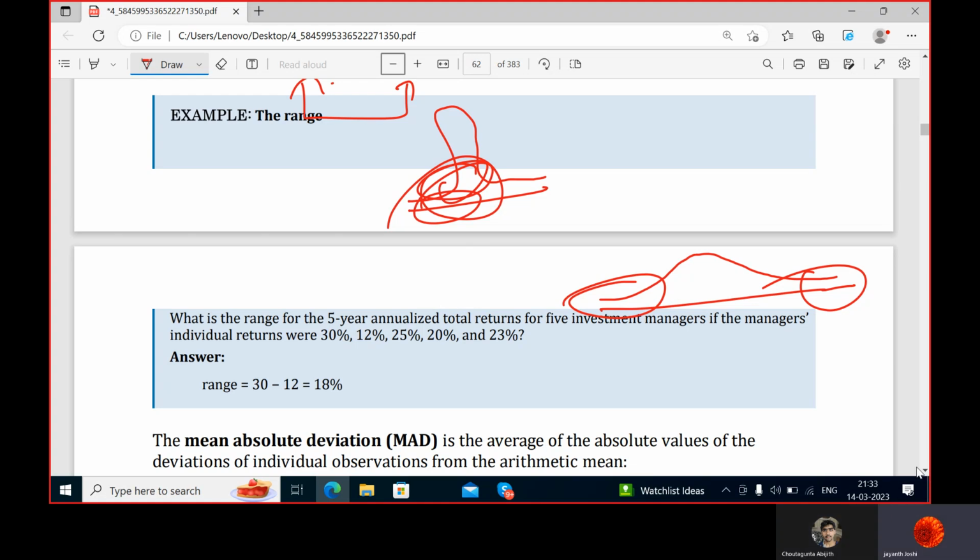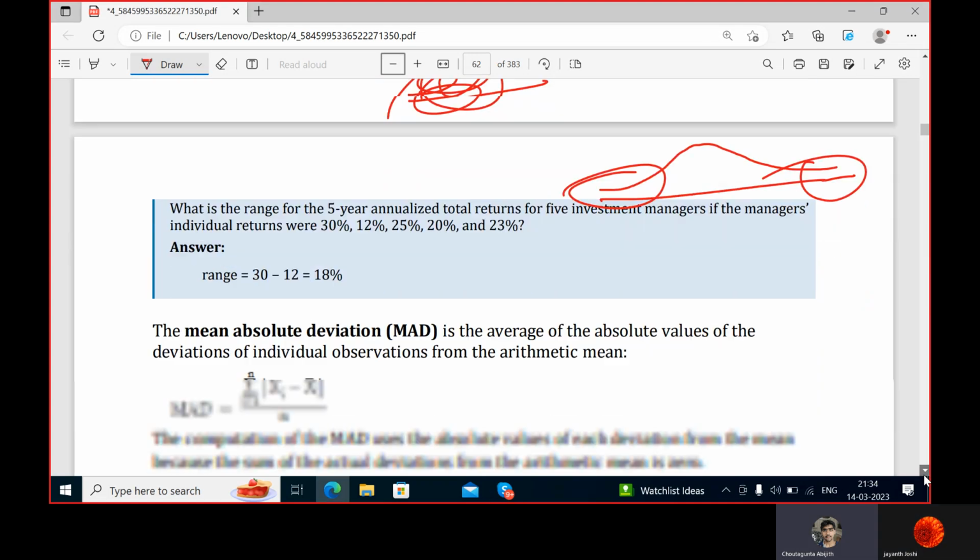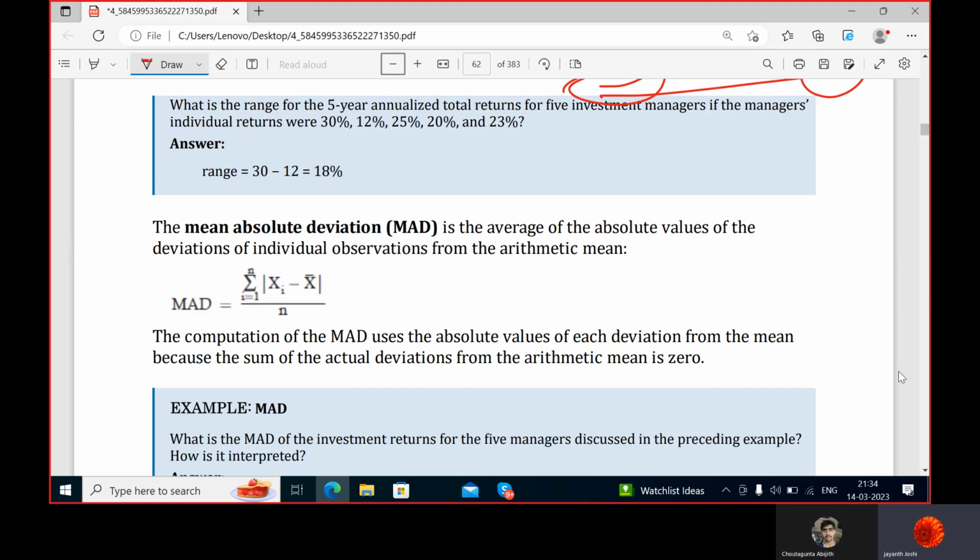So dispersion is nothing but the spread. How much the data is spread? So the range that we saw shows that the data is between what values?